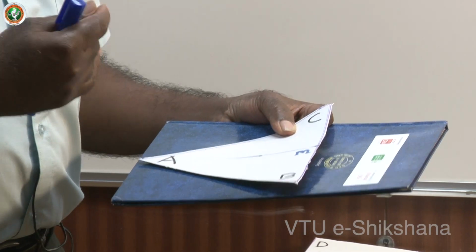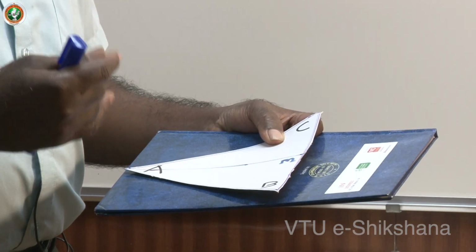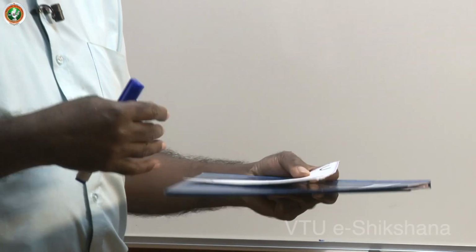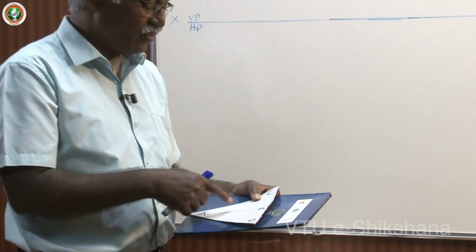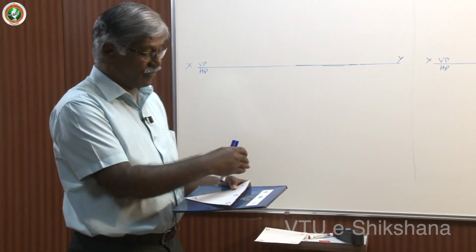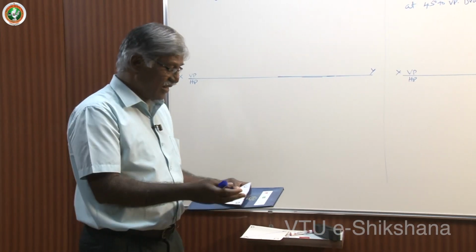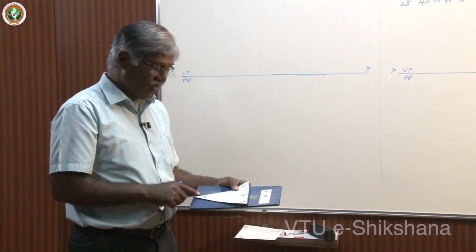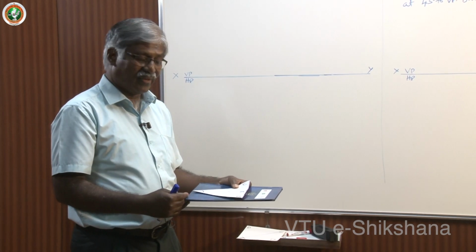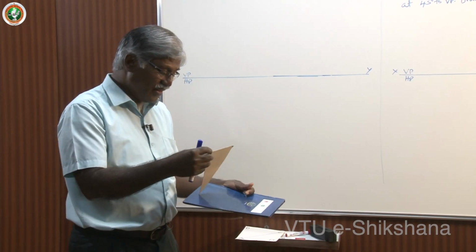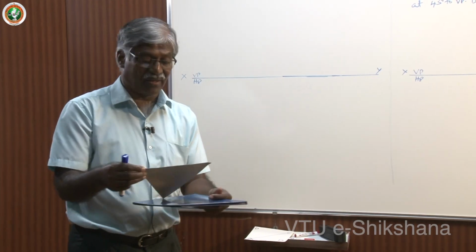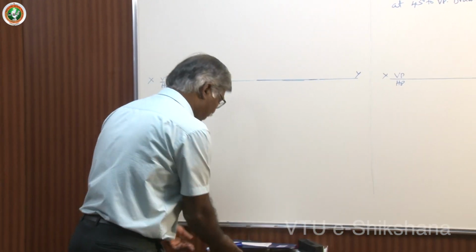Normally for all laminae, unless otherwise specified, the item to be placed on HP, whether it is corner or edge, goes to the left only. Now I take the edge which is perpendicular to VP, right side, and then create this figure. Naturally you will get these two equally inclined to this line. And if you tilt it, definitely you will get equal inclination with HP, with those two sides passing through the corner on HP.